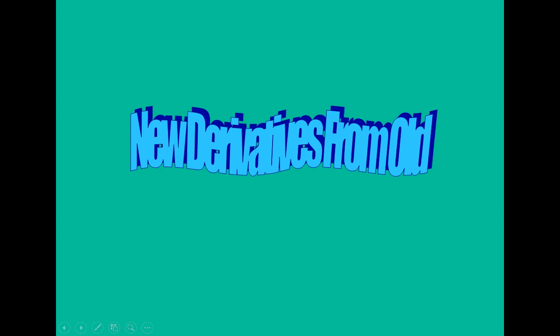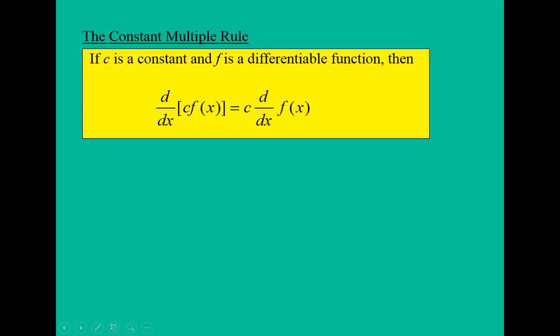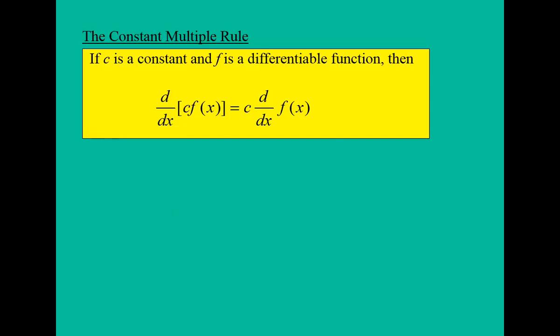Now we're going to look at how we can find new derivatives from old. The constant multiple rule. If we have something like 3x to the 4th, and we're trying to find the derivative, that's what this means here, find the derivative of 3x to the 4th.